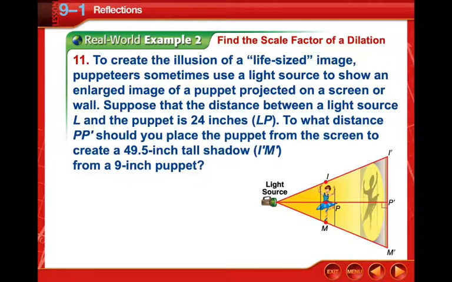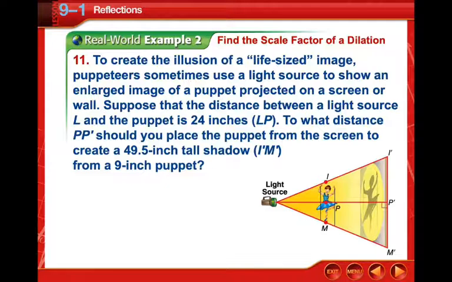So this one here is a way that some puppeteers use to do this. We're going to basically make a proportion. So what we're looking for here is, let's draw everything out and see what we got. So from L to I, the L is our light source.